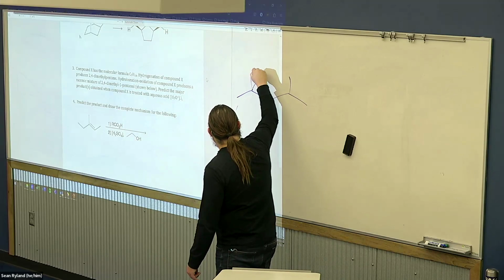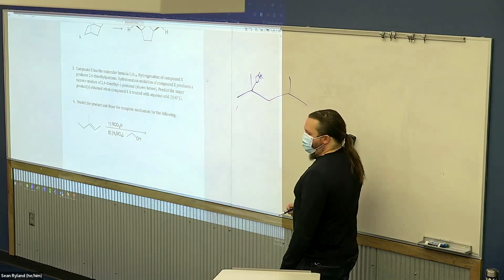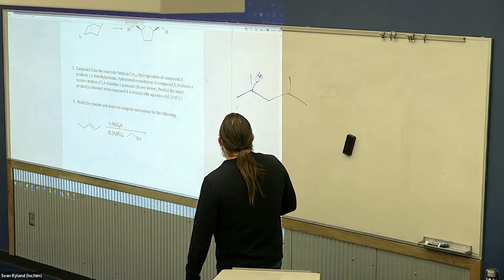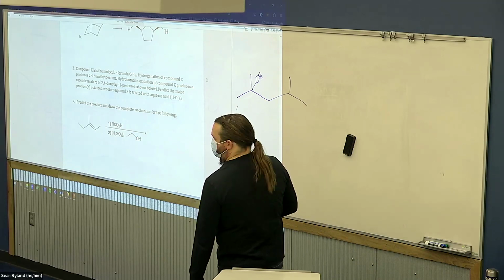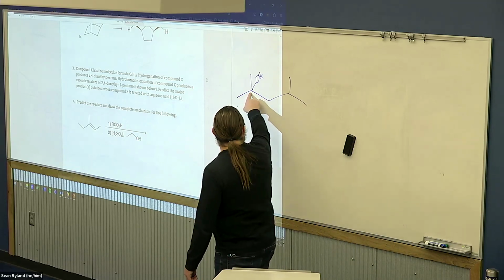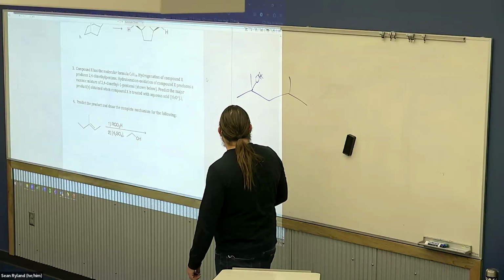No rearrangement to worry about in this case, because it's already a tertiary carbon. So we get the 2,4-dimethyl-2-pentanol. And it would be R plus S? No, it's not a stereocenter anymore, is it?